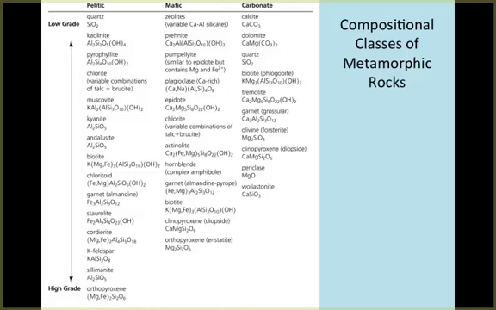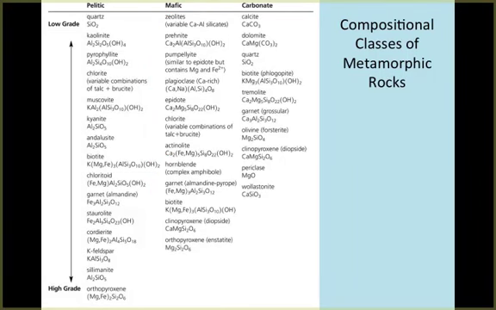Those are common minerals. If, however, you're looking at a mafic protolith, you'll start off with the prehnite and pumpellyite because of their composition, plagioclases, epidote, chlorite, actinolite, those green schist facies minerals, hornblende and amphibolite facies, perhaps some garnet, biotite, and then the pyroxenes.